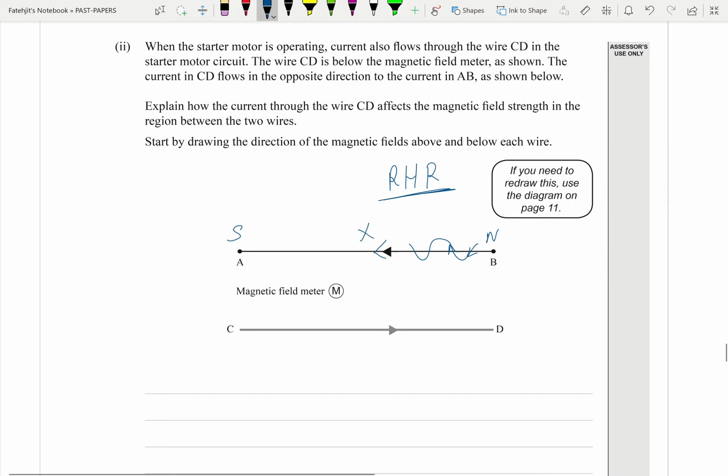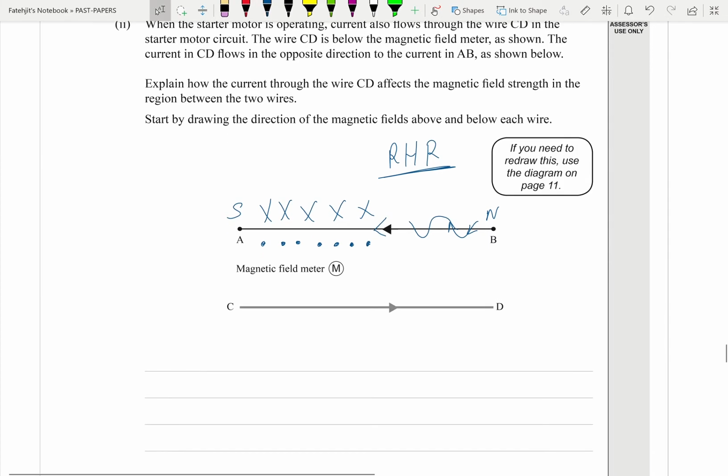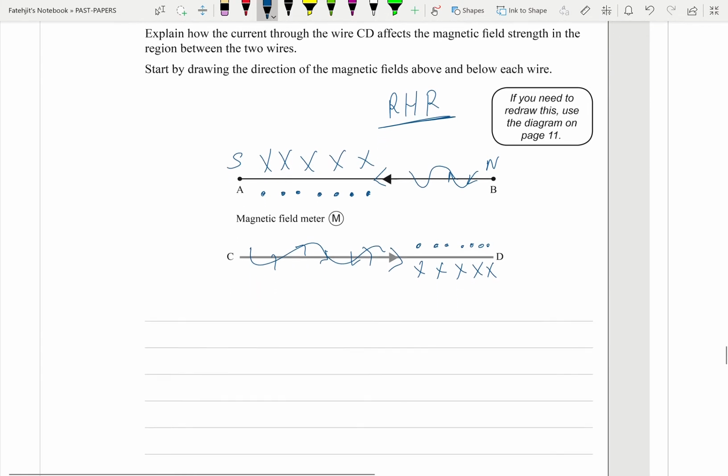So from here we can figure out that this will be going in, this will be coming out, and so here the direction for current is opposite. So therefore I can figure out it'll be like this.